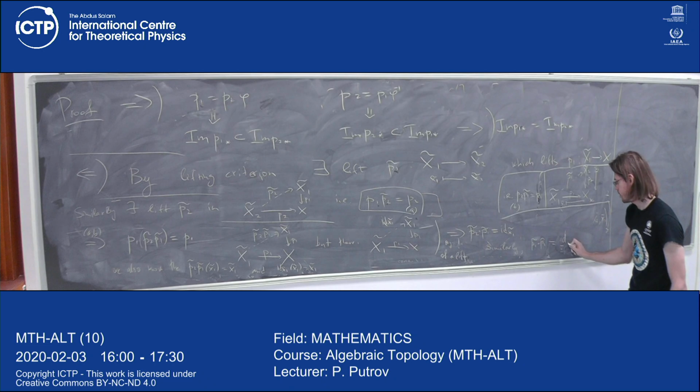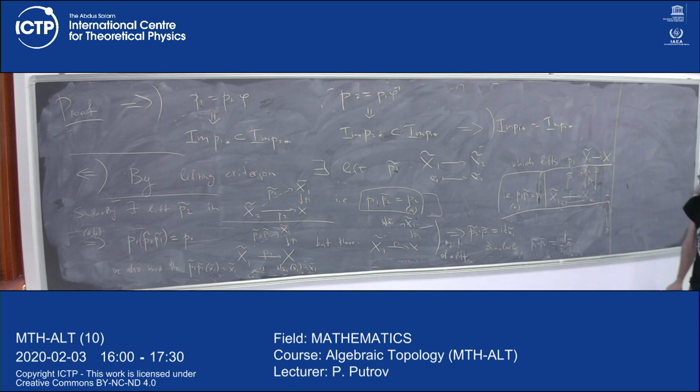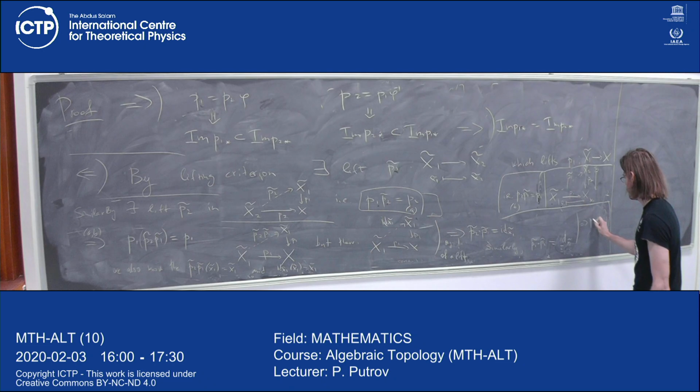This is the identity on x2 tilde. And so we have two continuous maps between spaces x1 tilde and x2 tilde, which are inverse to each other.